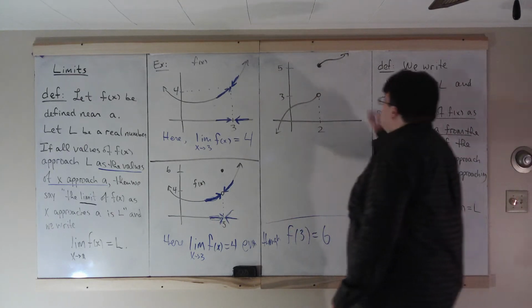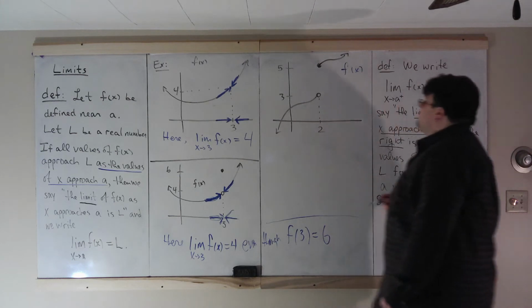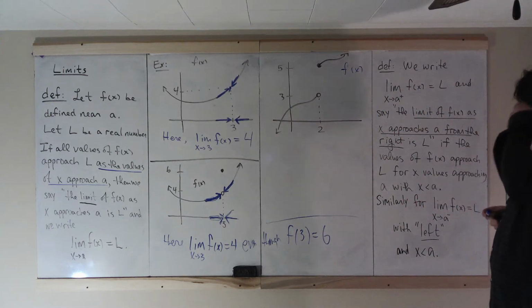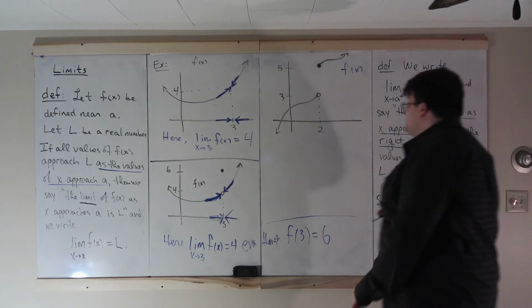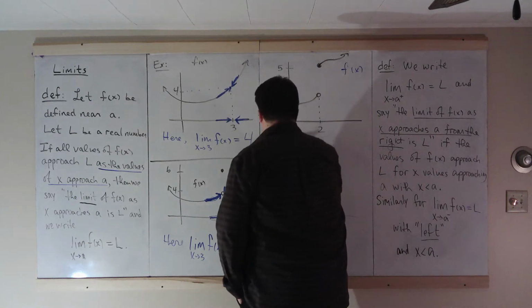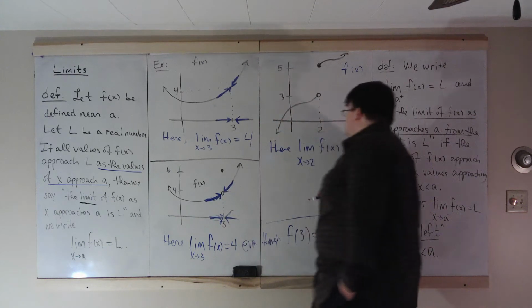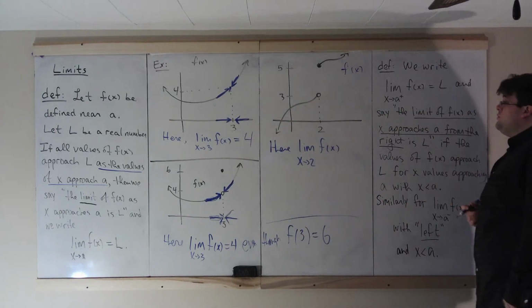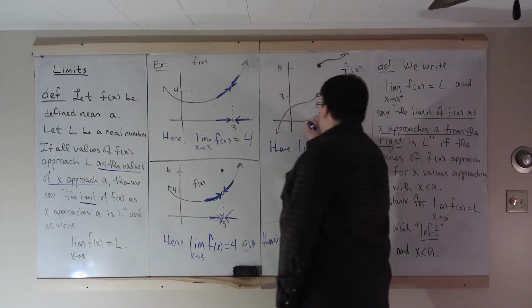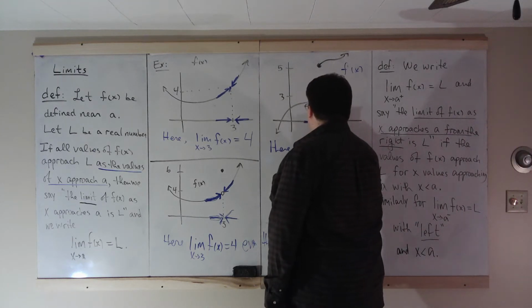Let's look at this next example. So this function is defined in 2 pieces, and in this case we're going to look at the limit as x approaches 2. We're looking at the limit as x approaches 2. Well, again, we can approach 2 in a couple different ways.